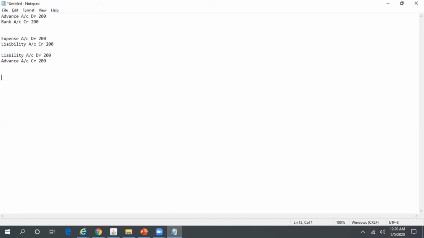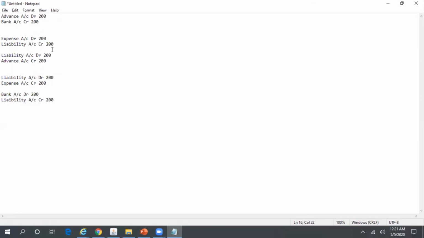Okay, and when you create your credit memo, your journal entry would be liability account debit 200 and your expense account credit 200. When you create a refund, your journal entry would be bank account debit 200 and your liability account credit 200.